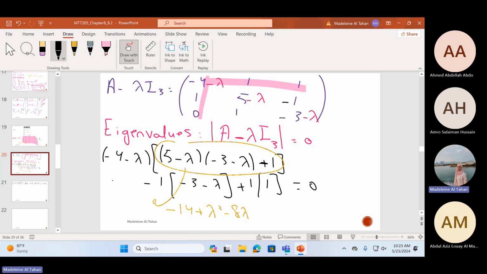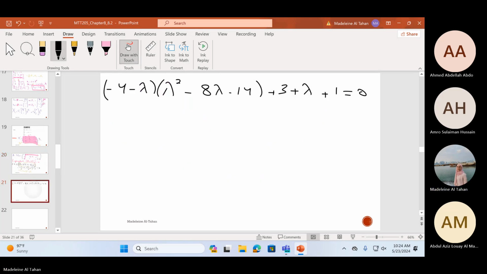Plus 3 plus lambda plus 1. Minus 5 lambda plus 3 lambda, so minus 3 lambda. Minus 5 lambda minus 3, plus this one, minus 2. Okay, here we'll put minus 3. The other ones, we must have copied them correctly.